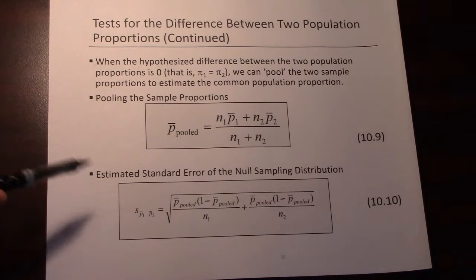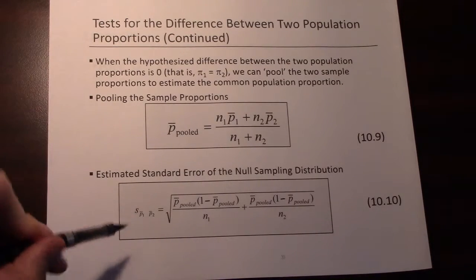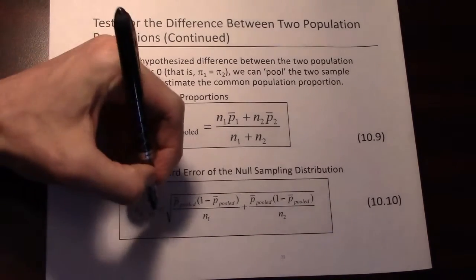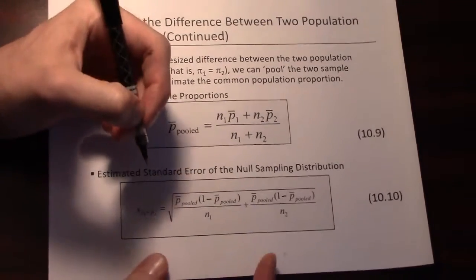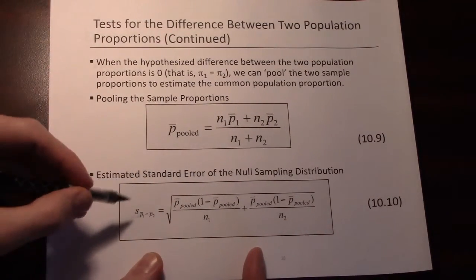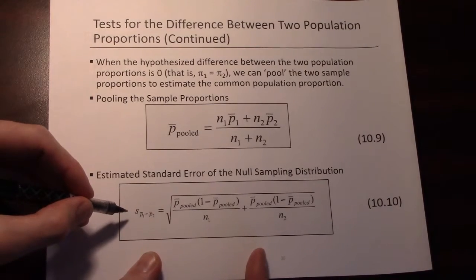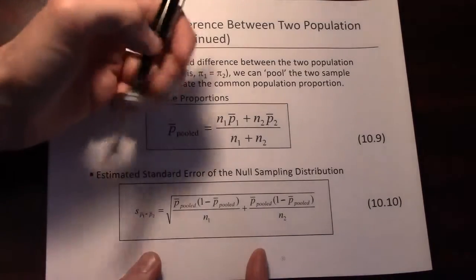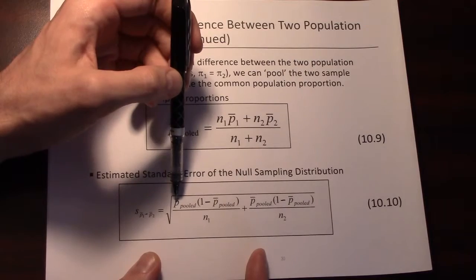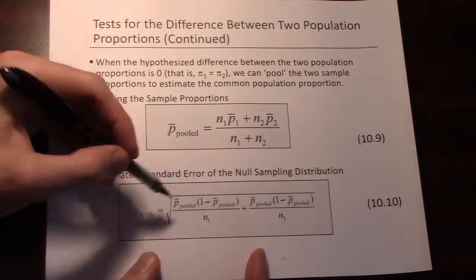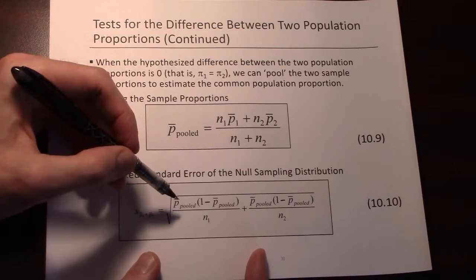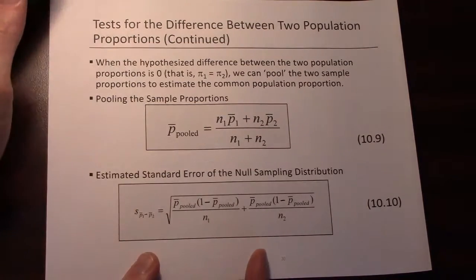When we're calculating this standard error, I guess we do have it. We have it down here. This is the standard deviation for the sampling distribution of the sample proportion differences. And you will see we've got this sample proportion pooled here. What that means is we are going to combine the proportions we get for the two samples.